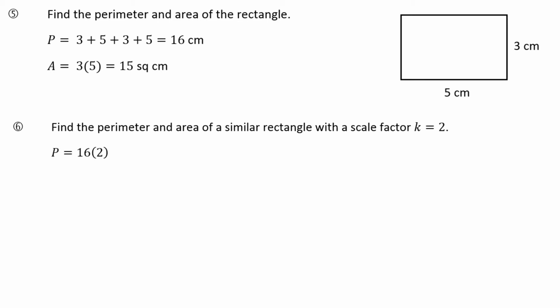Well, we take the perimeter of the original rectangle, multiply it by 2, and now we have the perimeter of the similar rectangle. Now for area, however, instead of multiplying by 2, we have to multiply by 2 squared. And we end up with an area of 60 square centimeters.